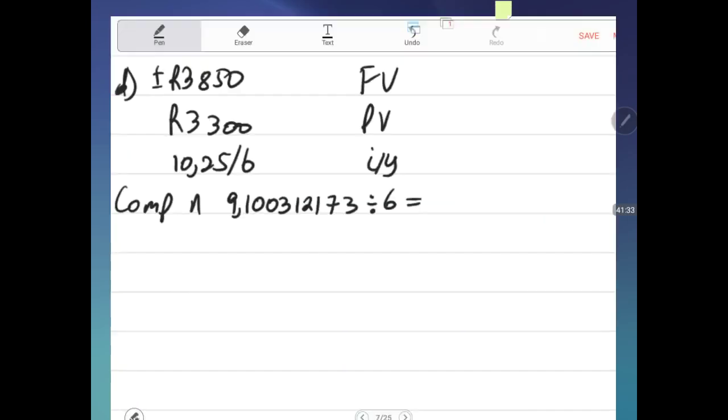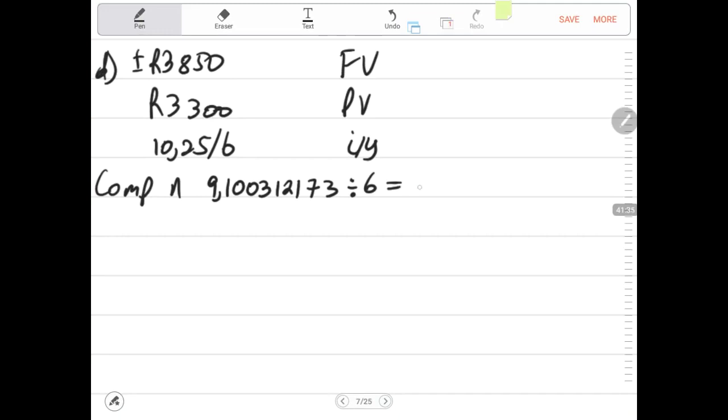That means we will then get to the number of years. The number of years will be divided by 6, which is 1 year and 5.16718. So now this is in years and not in months.